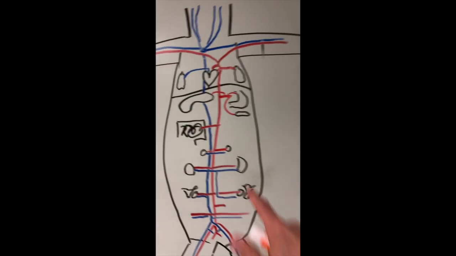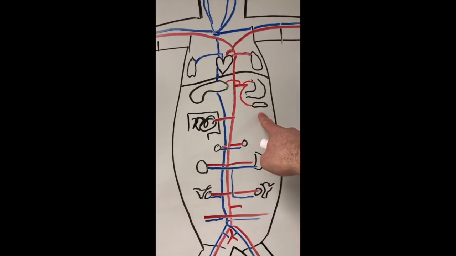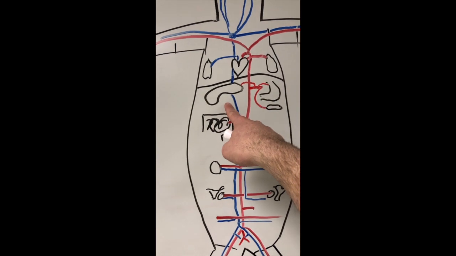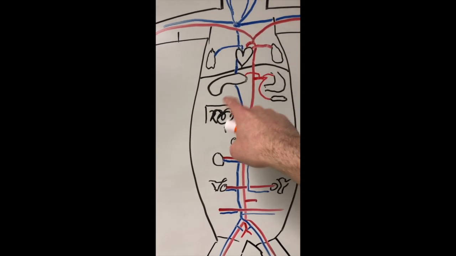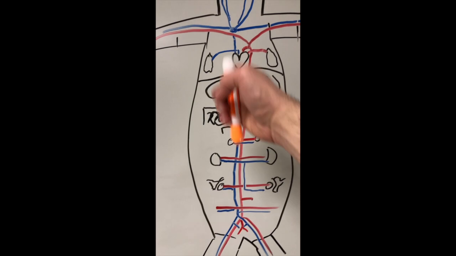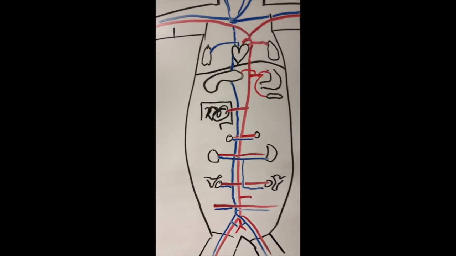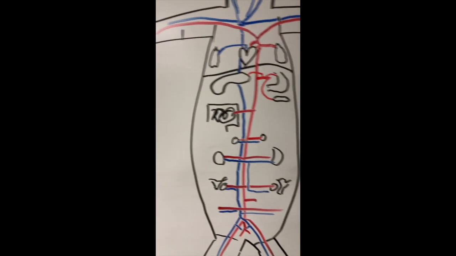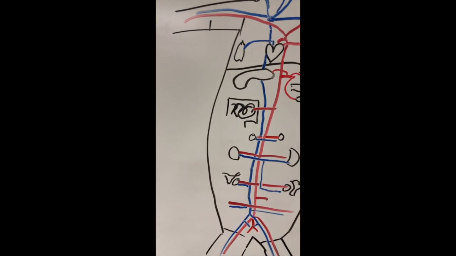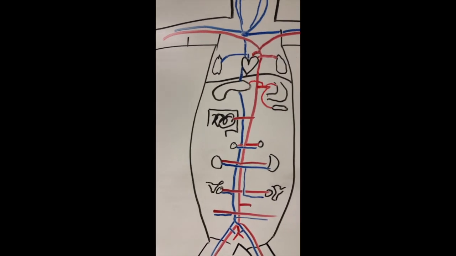So rather than having the spleen drain directly back into the inferior vena cava, like the stomach or the colon or the intestines, it actually all bypasses that. Pancreas too, but I didn't depict that. And it goes into the liver.